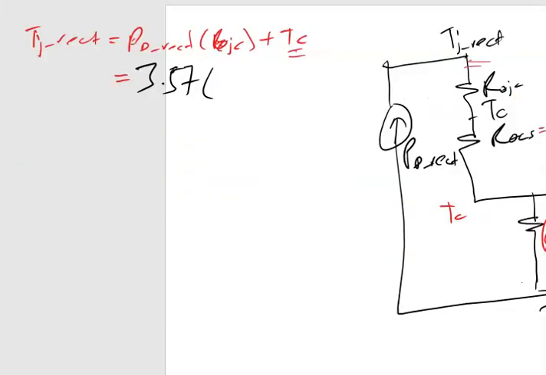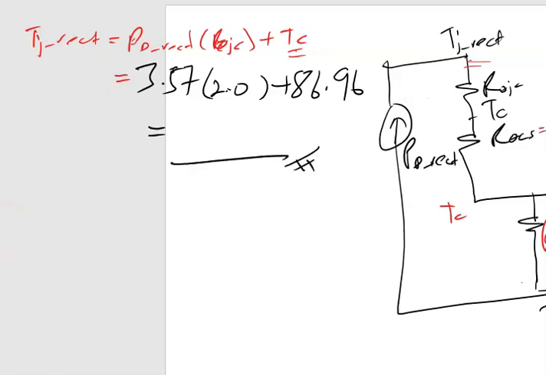So times 2.0 plus TC of what we have calculated just now, 86.96. So you shall get your TJ rectifier of how much? Okay, 3.75, not 3.57, sorry.